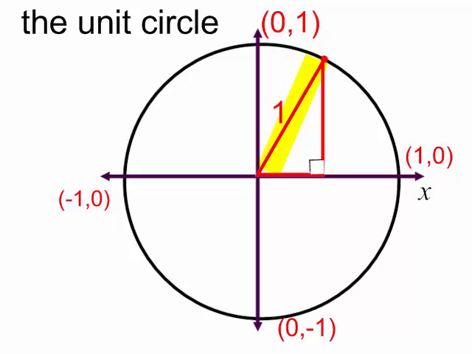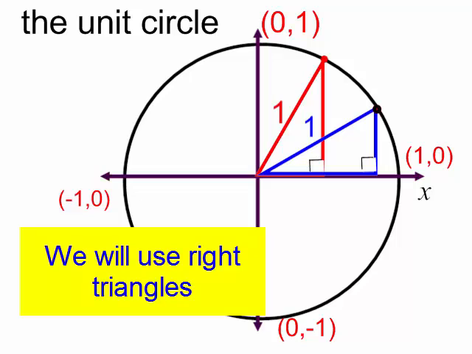It must be 1. And from this point, I can drop a perpendicular line to the x-axis, and I will have a right triangle. I can use right triangles to help me find the coordinates or the cosine and the sine of many points on this unit circle. Let's get to work.